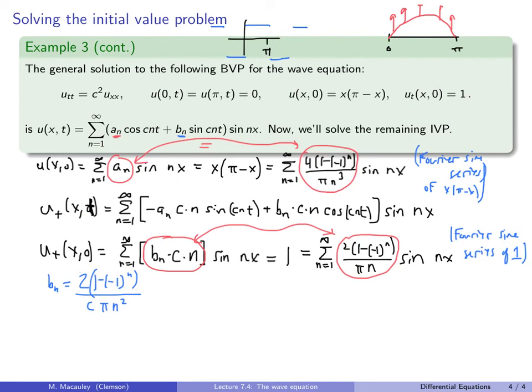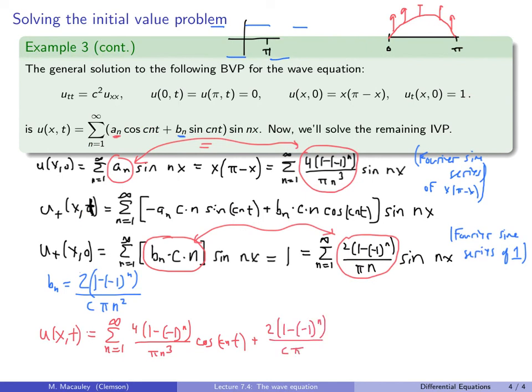We just plug those back into here. So let's write this down here. U of x, t is the infinite sum from n equals 1 to infinity of an, which is 4 times 1 minus negative 1 to the n over pi n cubed, times, that should be a cosine, pardon me, cosine of cnt, plus bn, which is 2 times 1 minus negative 1 to the n over c pi n squared, times sine of cnt.